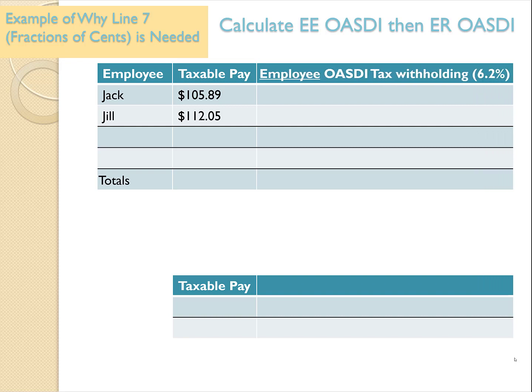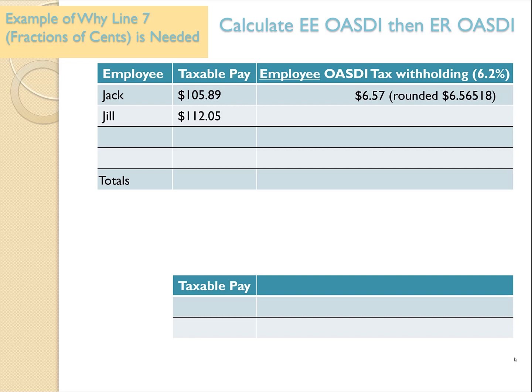OSTI, of course, is Social Security. And remember, it's 6.2%. So Jack has taxable pay of $105.89. We multiply that by 6.2%, and we get $6.57. Now we had to round it because technically you get 6.56518, but because it's currency, we have to round to 2 decimals.